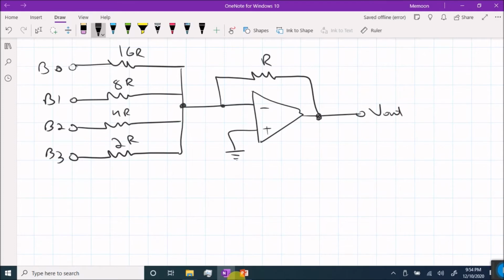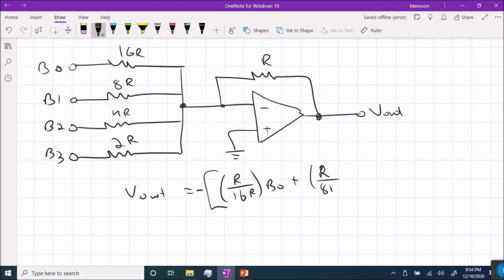So let's write its transfer function, that is V out is equal to negative into R over 16R into B naught plus R over 8R into B1 plus R over 4R into B2 plus R over 2R into B3.